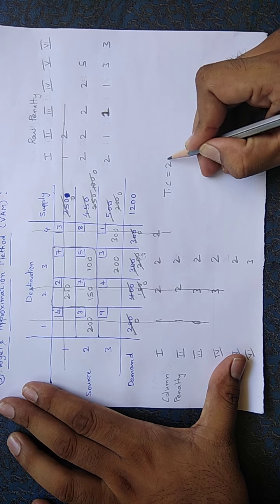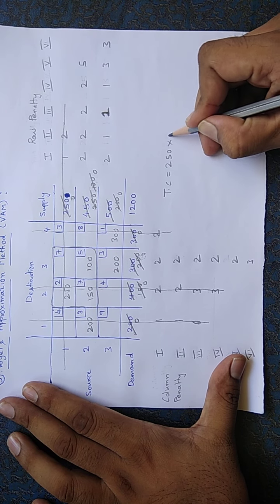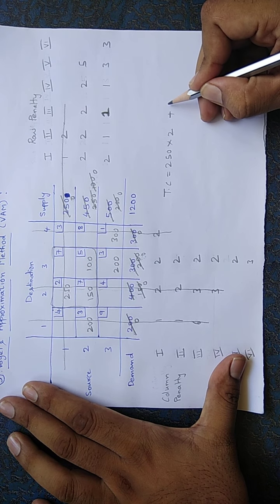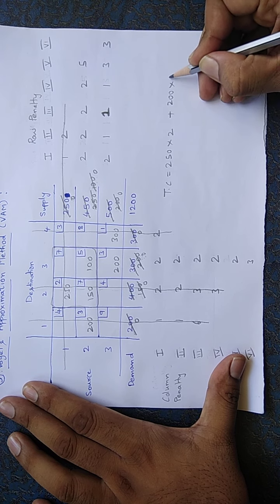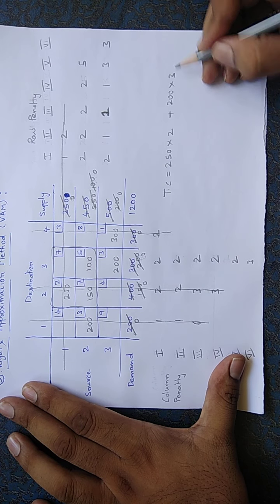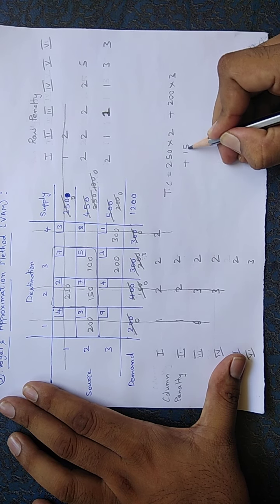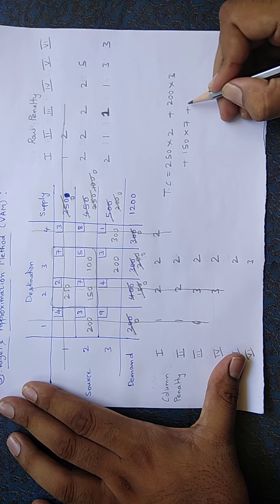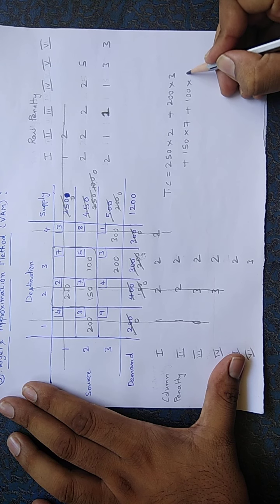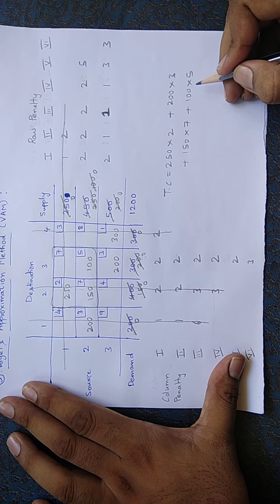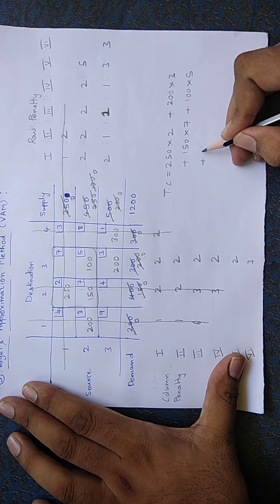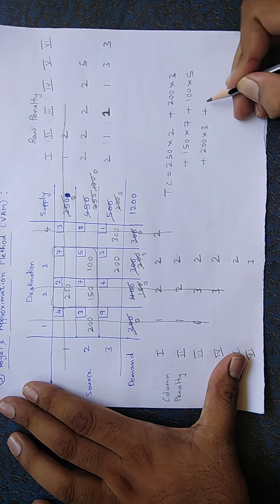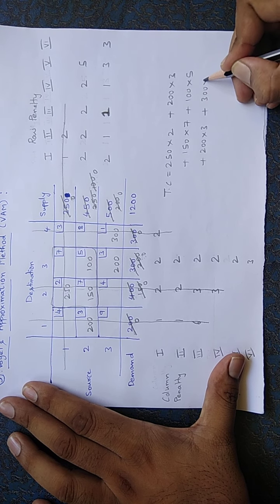Now after doing this, we can observe that the total transportation cost is 250 into 2 plus 200 into 3 plus 150 into 7 plus 100 into 5 plus 200 into 3 plus 300 into 1.